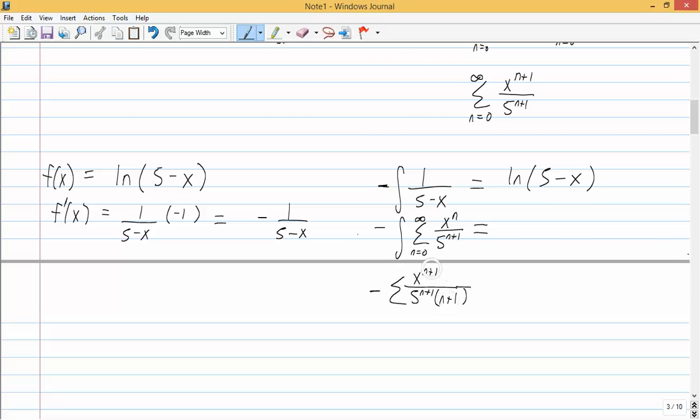See, that's where when you integrate, you add 1 to the power and then divide by the new power. Usually though, when we integrate, we put plus c. So I'll put the c there in the front, so we have c minus this here.